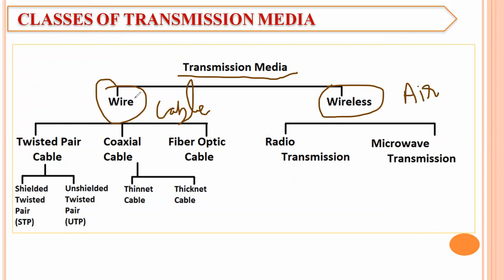When we talk about wired networks, that means we are implementing cables. And when we talk about wireless, that means the data is being transmitted through air via signals or some other transmission medium.